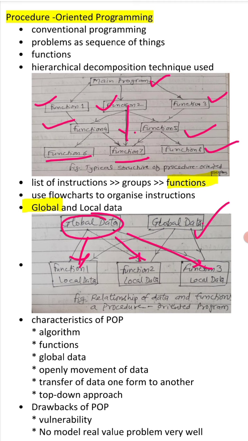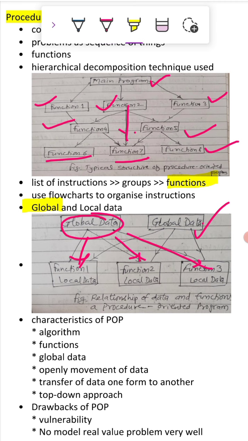Now, some characteristics exhibited by procedure oriented programming are: first, emphasis is on doing things, known as algorithm.